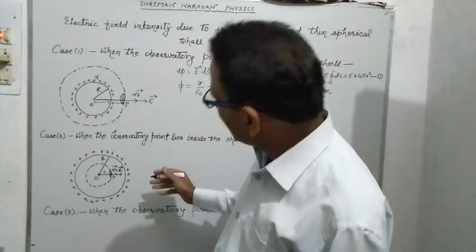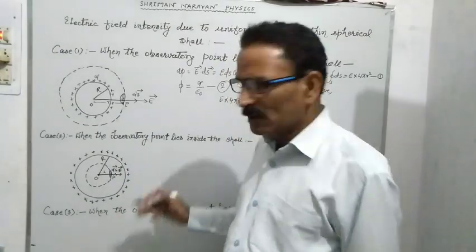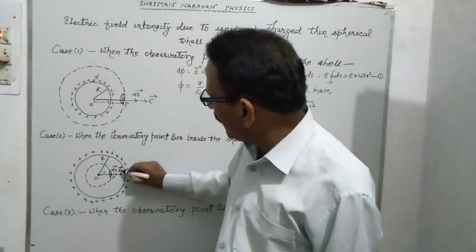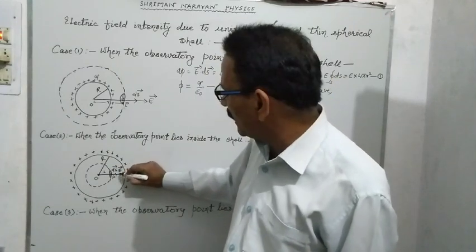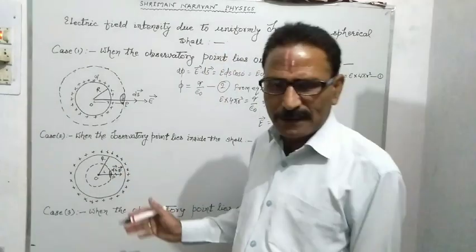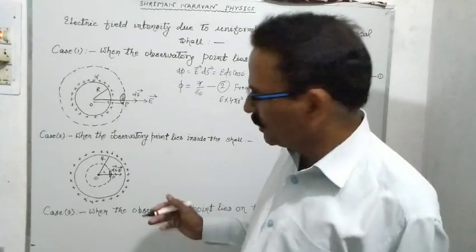Again, since it has spherical symmetry, both vector E as well as ds act along the same direction, that is, the angle between E and ds is equal to 0.